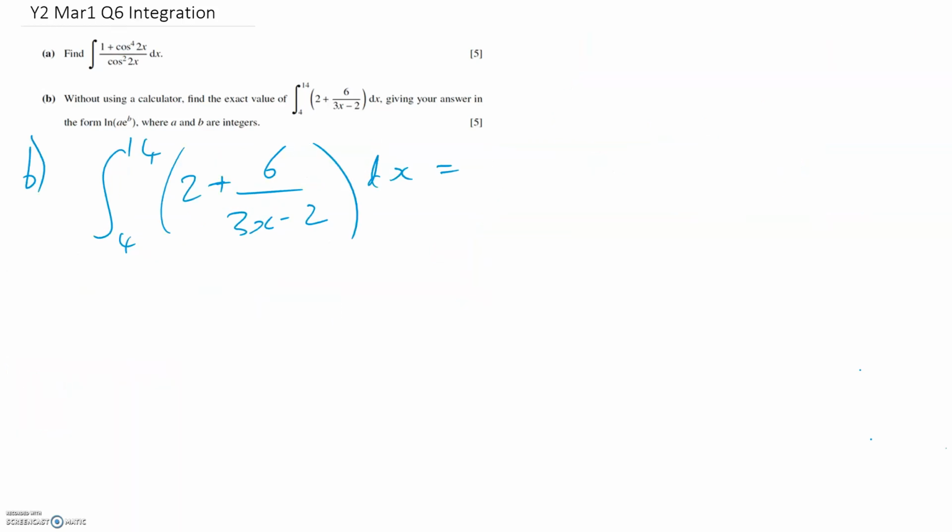So part B, to integrate this, obviously the integral of 2 is 2x. We then need to integrate the 6 over 3x minus 2. I'm sure you all know that the integral of 1 over x is ln x. So you might just want to remember that the integral of 1 over ax plus b is going to be 1 over a ln ax plus b.